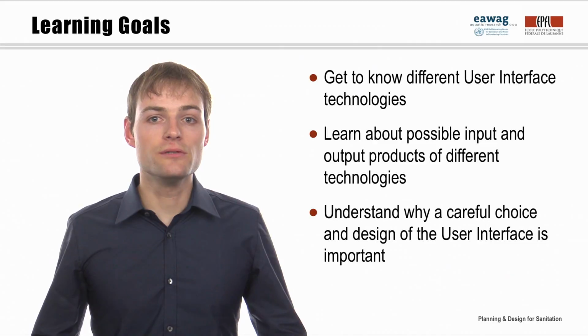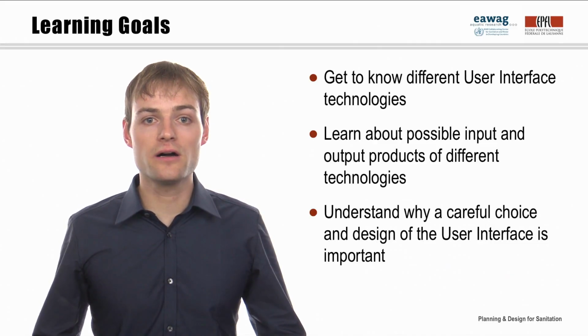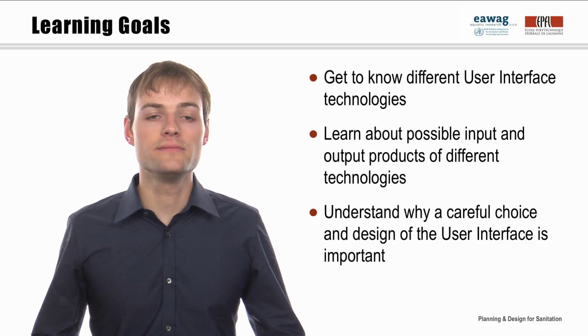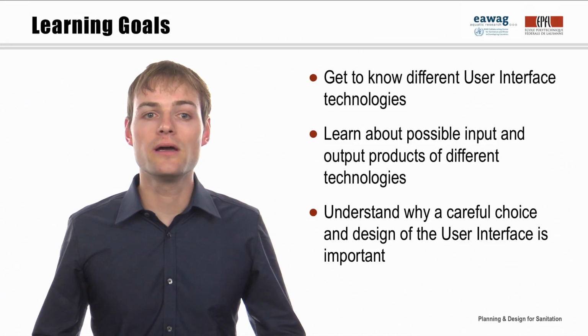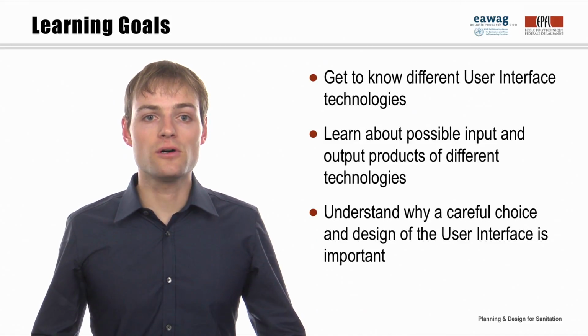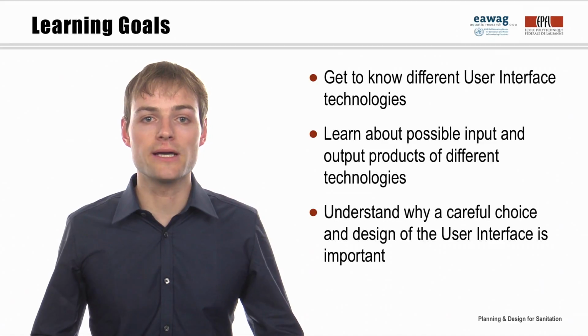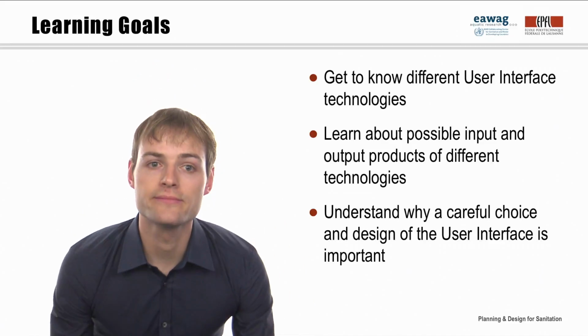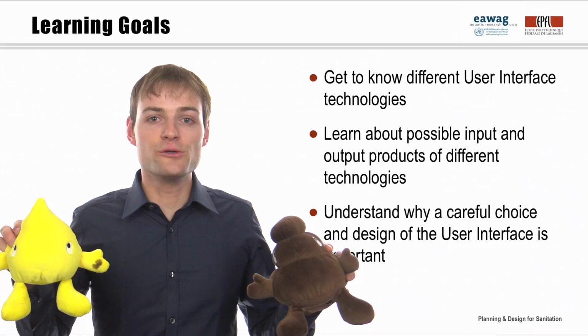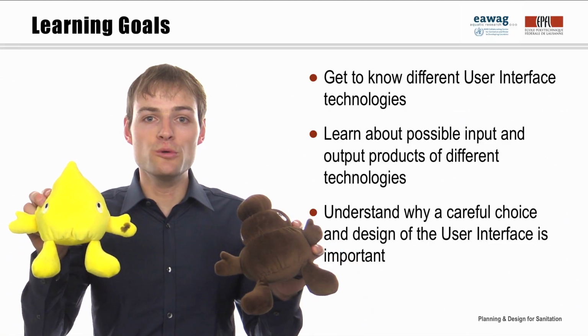In this module, you will get to know which different user interface technologies there are and how they function. You will learn which input products they can deal with and which output products they generate. You will also find out what needs to be considered to choose and design a user interface for a specific context. So, let's take a look where our friends pee and poo can go.